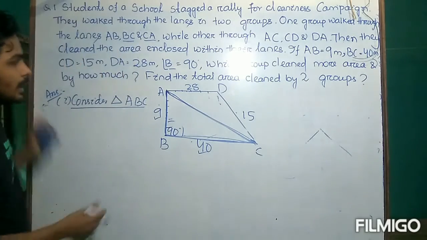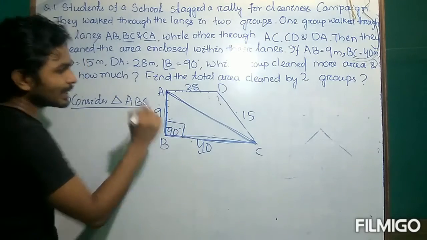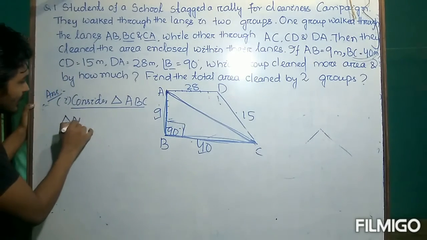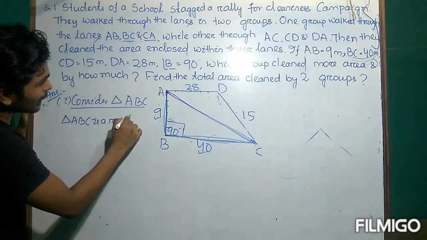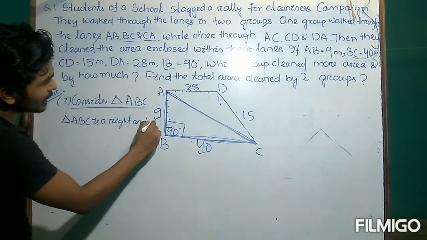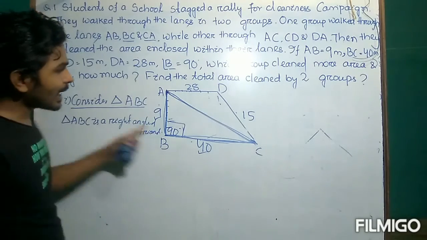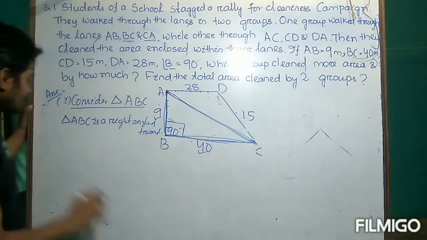How? See, this triangle ABC has one angle of 90 degrees. It means triangle ABC is a right angled triangle, because one angle is 90 degrees. Since it is a right angled triangle, we can use the Pythagoras theorem.